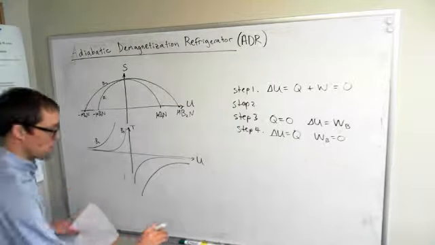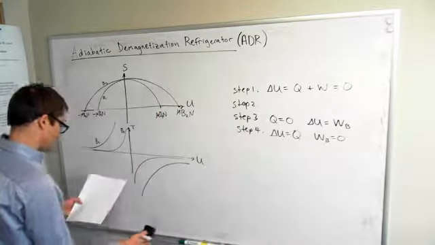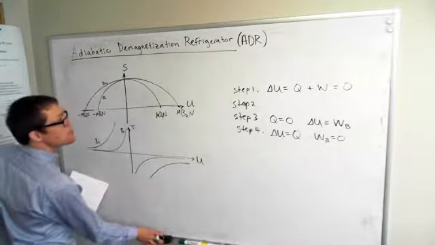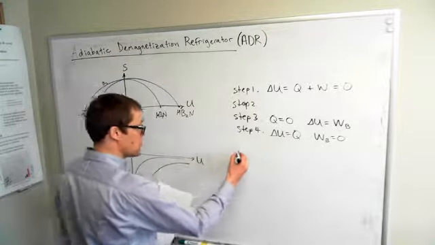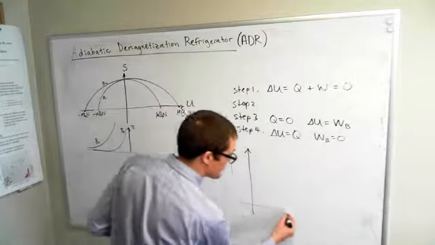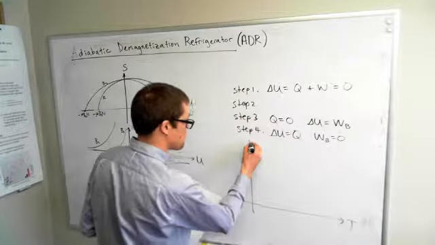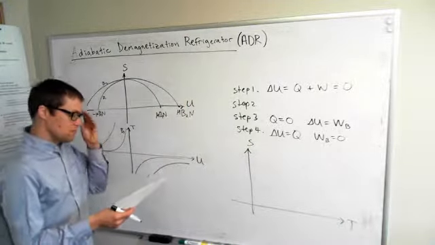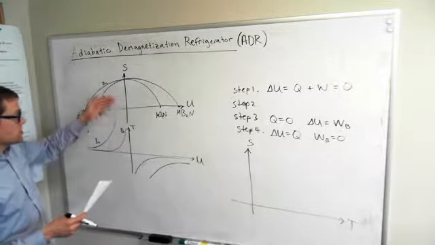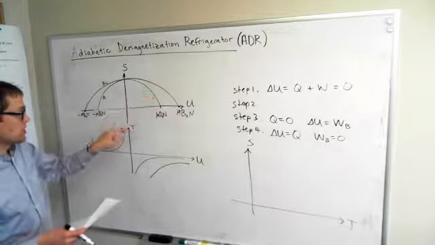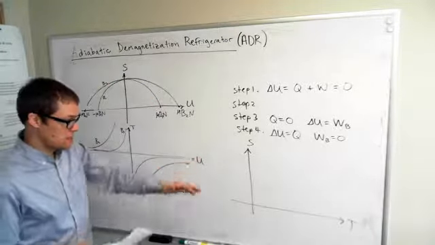Okay, now one more thing to consider that we haven't looked at previously is, let me draw this over here. We'll draw the entropy as a function of temperature. If we consider entropy and how that changes with temperature, it's sort of implicit in these two curves, right? S depends on U, T depends on U. So how does S depend on T?